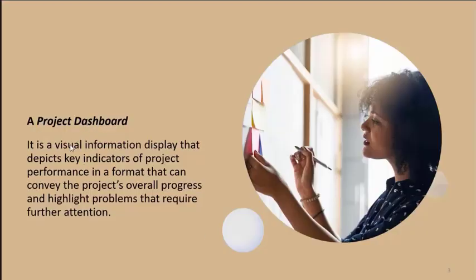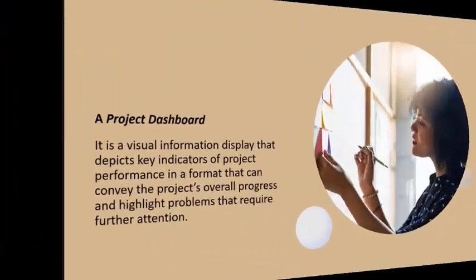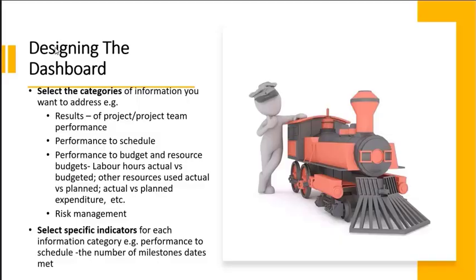A project dashboard is a visual information display that depicts key indicators of project performance in a format that can convey the project's overall progress and highlight problems that require further attention. When we are designing the dashboard, we should select the categories of information that we want to address.